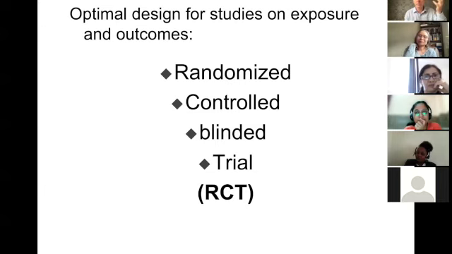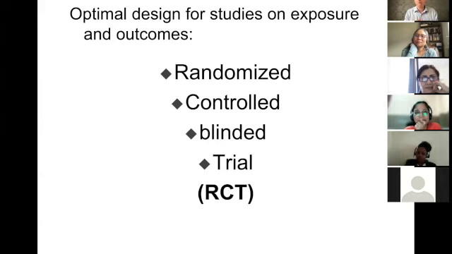If you've got 1,000 people in the one arm and 1,000 in the other arm, and here you've got 100 people cured, and here you've got only 10 people cured, you see that your new treatment is probably 10 times as good as the placebo, for example.